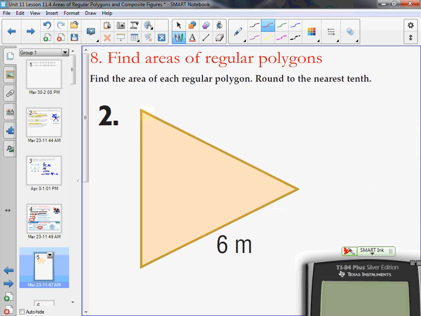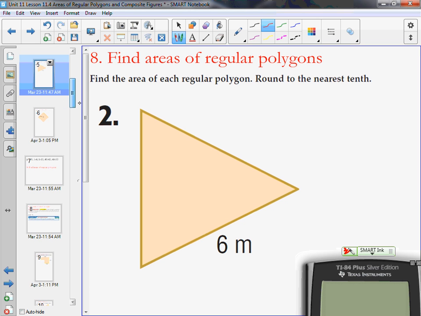And let's try a couple. Let's start with number 2 on page 795. Now, draw that triangle on your paper and draw it big like I did. The directions say to find the area of each regular polygon, and we're going to round to the nearest tenth.